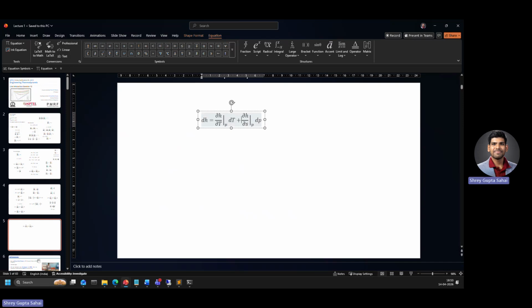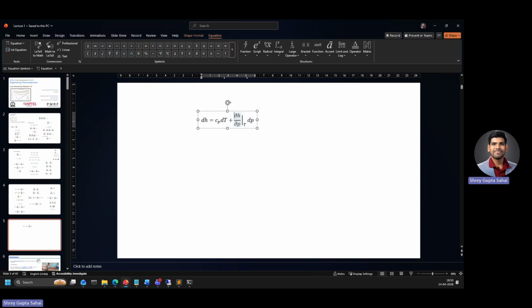Is that correct? I think this is fine, right? Now, one thing you know here, this is CP, mind. Next, we need to calculate this.